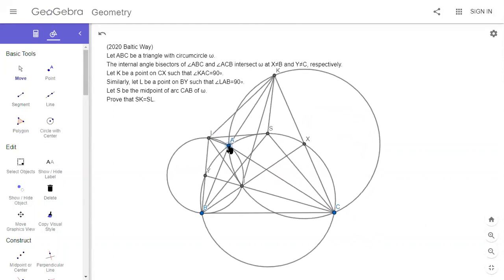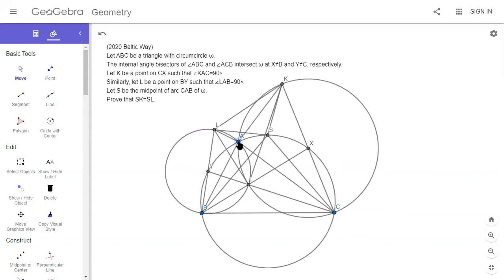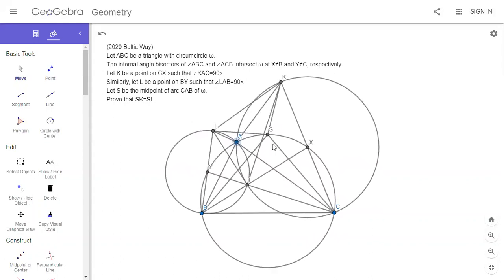It's hard to make LAC not look collinear, but we'll just have to keep that in mind. Yeah, I think we could probably show angle LAK. I was going to say LAK equals LSK, but now I'm not sure that's so obvious.